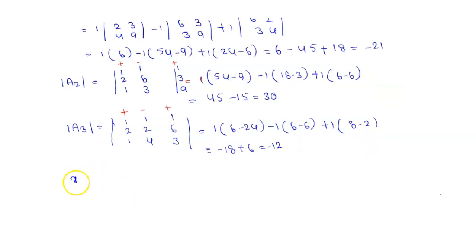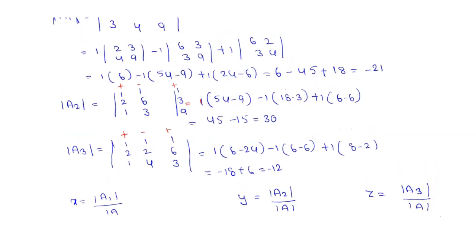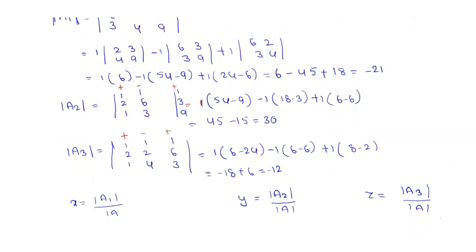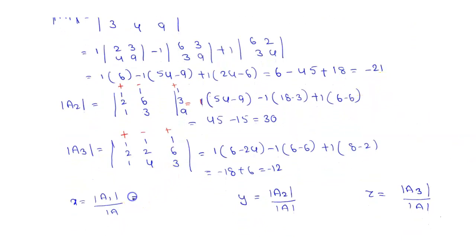Here small x is calculated as det A1 by det A, small y is calculated as det A2 by det A, and z is calculated as det A3 by det A. So here, det A1 value, how much did we get? Minus 21 we got.